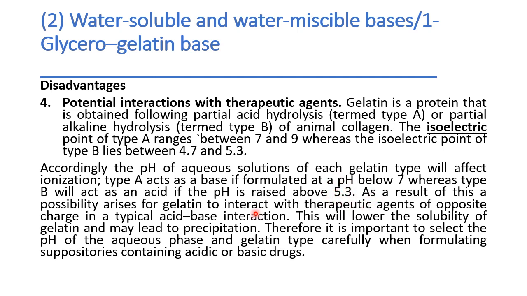As a result of this, a possibility arises for gelatin to interact with therapeutic agents of opposite charge. This follows the typical acid-base interaction. This will lower the solubility of the gelatin and may lead to precipitation. Therefore, it is very important to select the pH of the aqueous solution of the gelatin type carefully when formulating suppositories containing acidic or basic medicine.